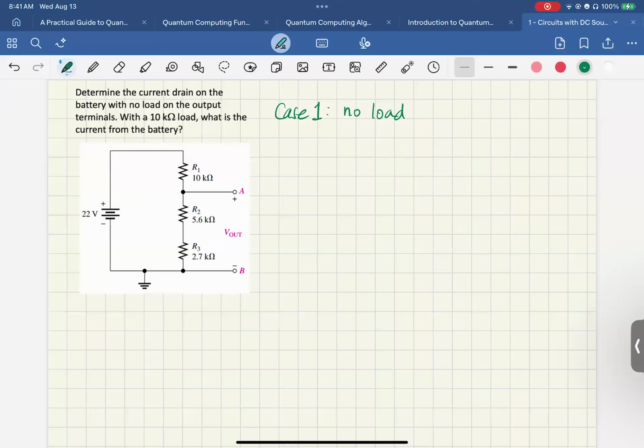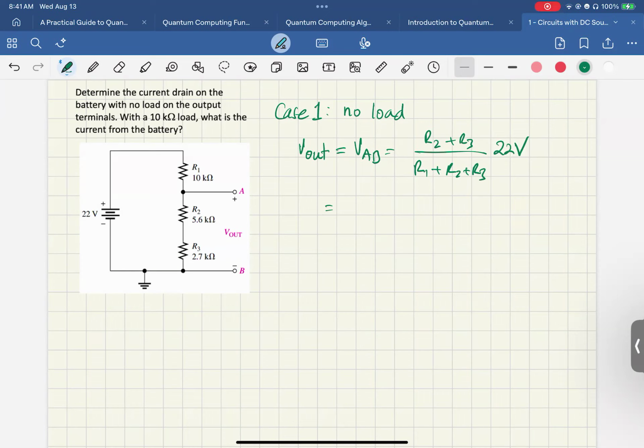So if you recognize that this is a voltage divider circuit, you're looking for the output across terminals A and B. And in this case, yung output niyan is R2 plus R3 over R1 plus R2 plus R3 times 22 volts.